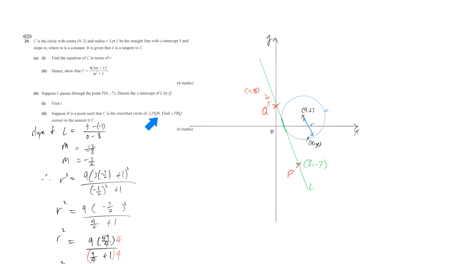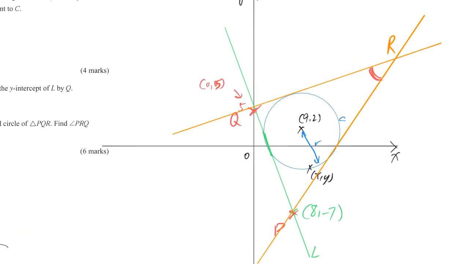And then how can we draw a suitable triangle so that this circle is inscribed in it? The method is to start the lines from point P and point Q. Basically, the question describes that point R is somewhere here, such that the circle just fits into this triangle. Then we are going to find angle PRQ. This is our target.